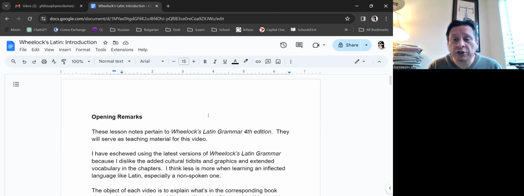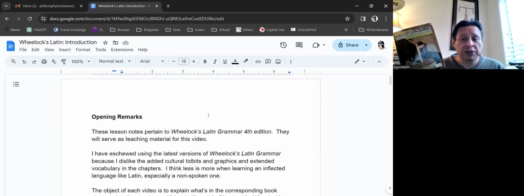I prefer the fourth edition to any later editions because it has fewer cultural tidbits, fewer graphics, and less vocabulary per chapter, which I think is preferable, especially for a language like Latin, which isn't spoken. So we're just going to be doing a bunch of translation, but mainly learning declension charts and conjugation charts, which is a load. We can do all that with just fewer words. So that's the reason why I'm choosing this book.